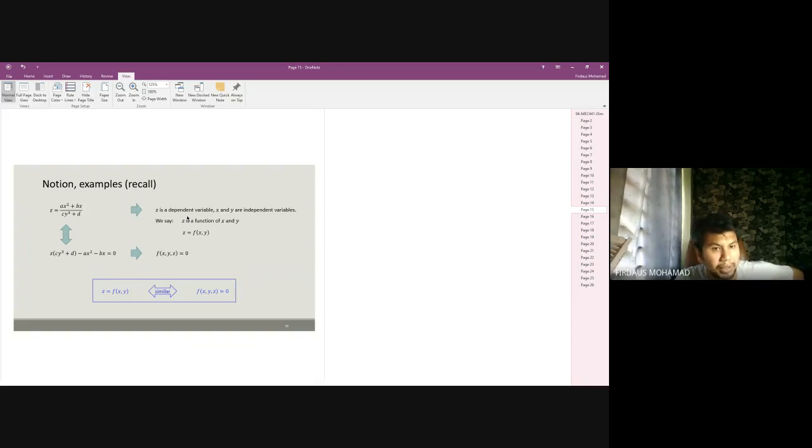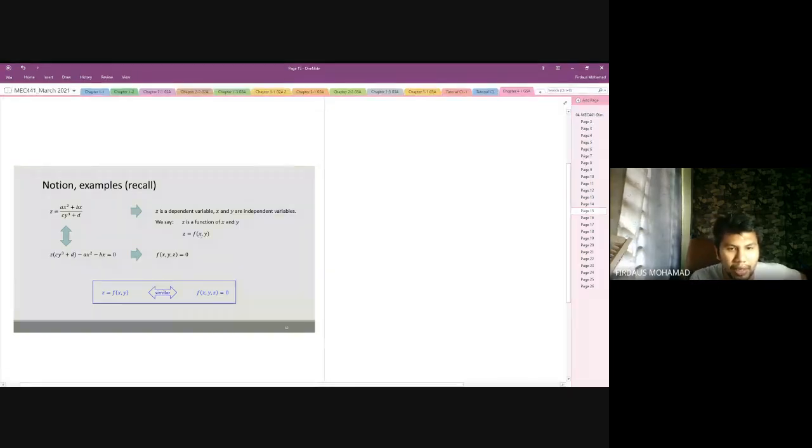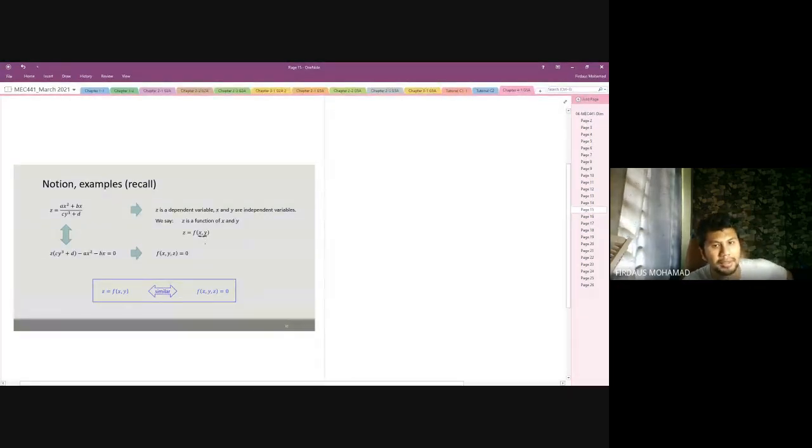Balik saya kata. Z is a dependent variable, x dengan y adalah independent variable. Okay, so we can say that z is a function of x and y. Okay, so x and y ni adalah independent variable.